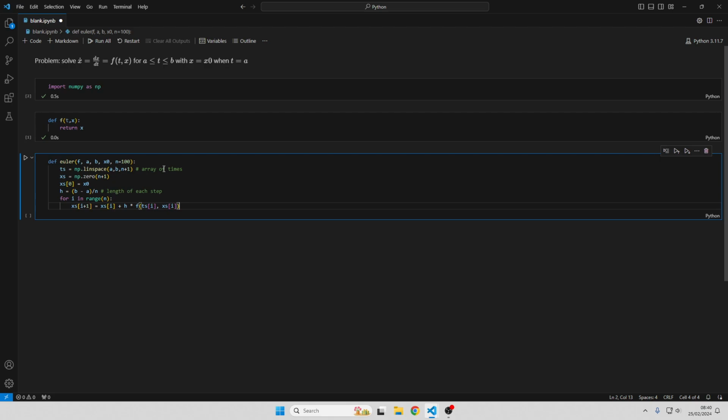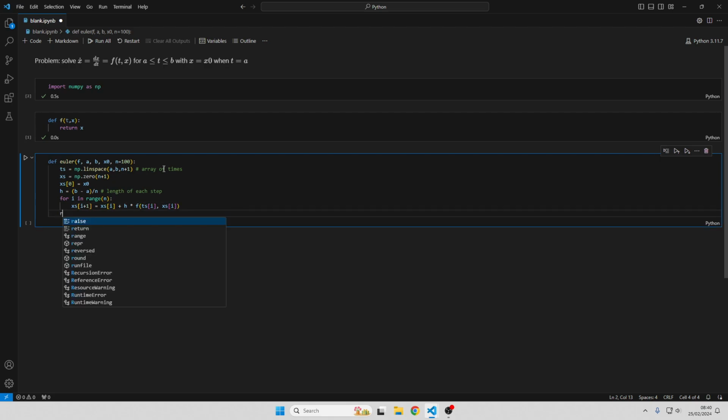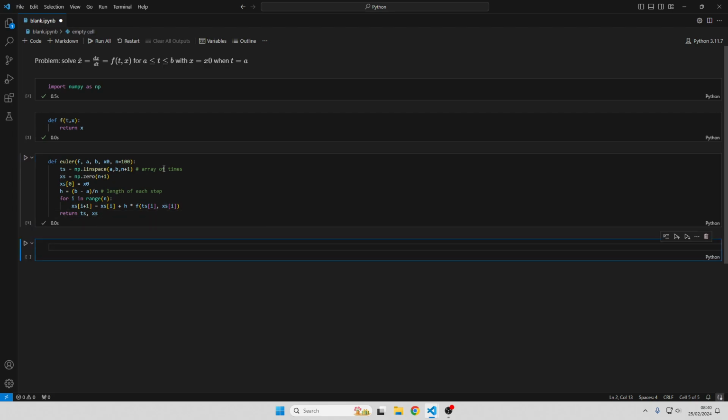This f of t, x is the value of the derivative, and then we multiply that by the change in t. That gives us the change in x. And then we need to return the answer, and it's convenient if we return the list of times as well as the list of x's. Okay, so that's our Euler method, and this is the key part of it. We just increase x by the time step times the derivative.